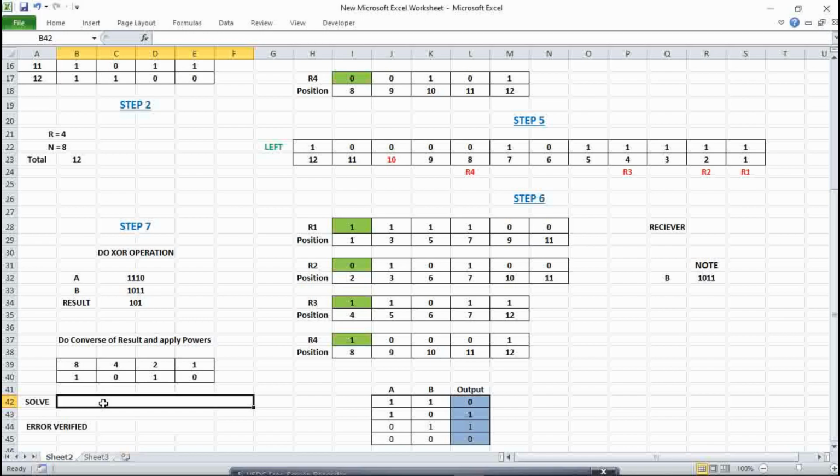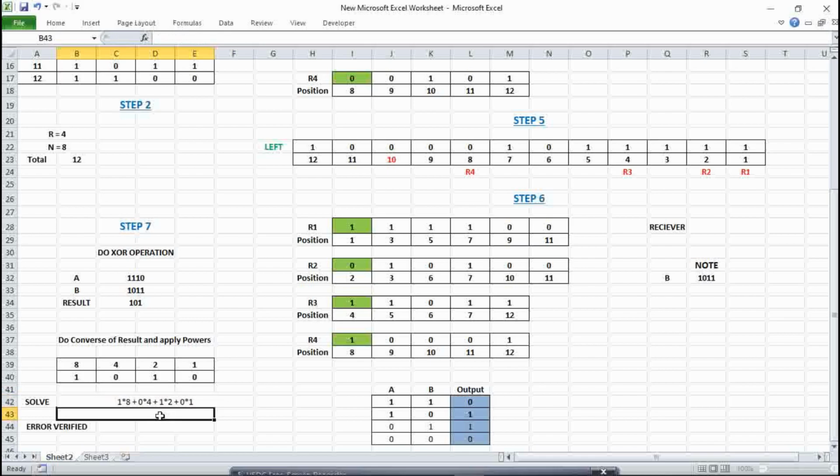We will solve this by multiplying the above cell with the below cell. The output here will be 1 multiplied by 8, plus 0 multiplied by 4, plus 1 multiplied by 2, plus 0 multiplied by 1.